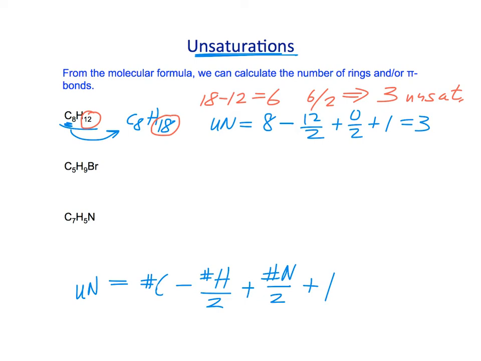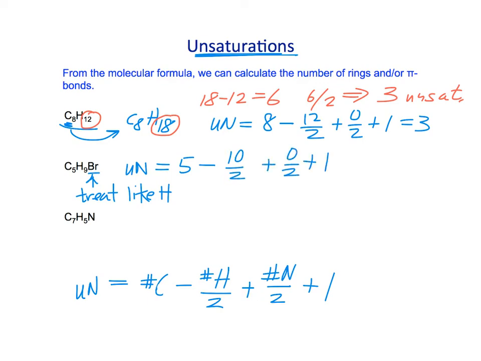Okay? So for the next one, we have a bromine. In either approach here, we're just going to count a bromine like it was a hydrogen, because it has all the same bonding. It just has 1 bond. So we treat it like hydrogen. Unsaturations equals, we have 5 carbons, minus, we have 9 hydrogens plus a bromine, so minus 10 divided by 2, no nitrogens, plus 1.